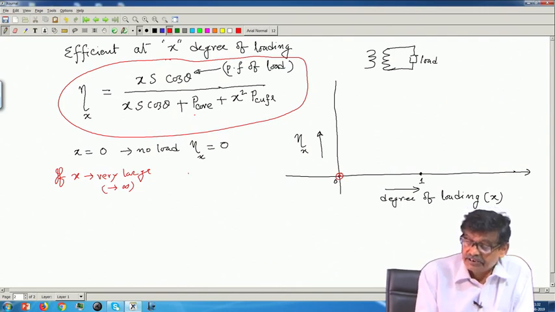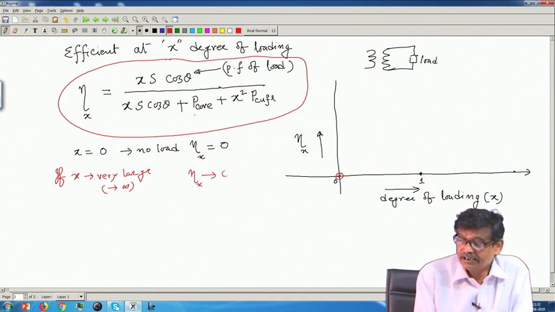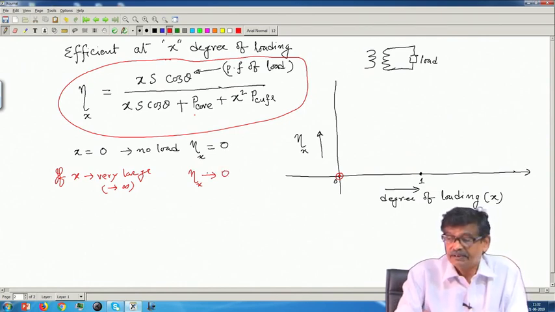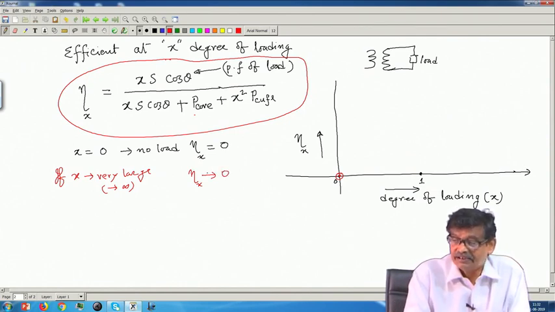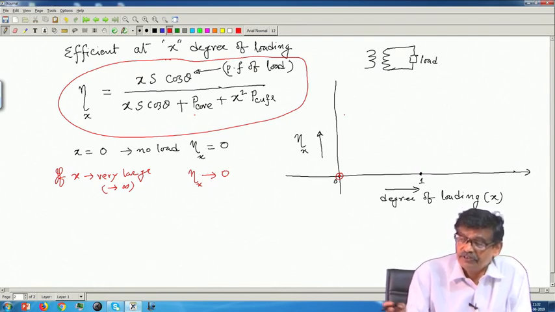Therefore, efficiency will tend to once again 0, because these terms with respect to x square can be neglected, and it will be some s cos theta by x PCU phi L. So, x tends to infinity means efficiency once again infinity.